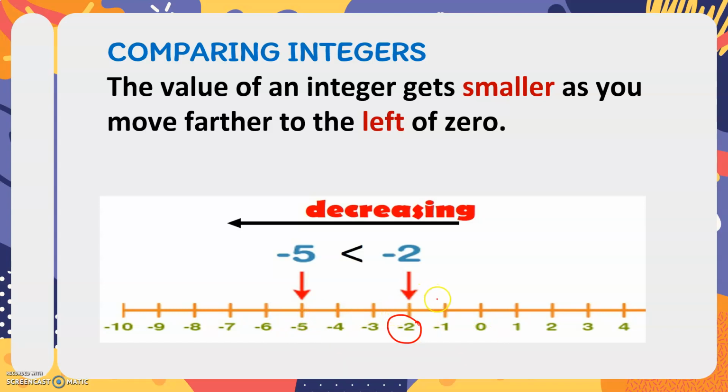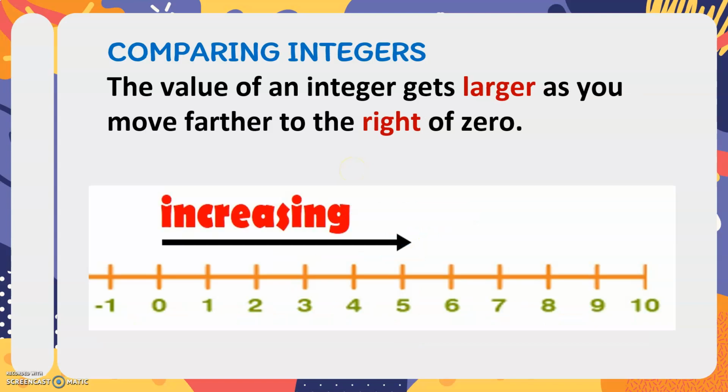Again, as you move further to the left of 0, the value of the integer decreases. On the other hand, the value of an integer gets larger as you move further to the right of 0, because the numbers on the right of 0 are again the positive integers or the whole numbers.